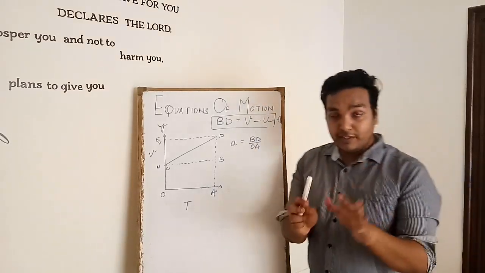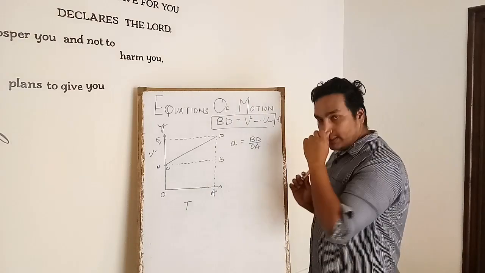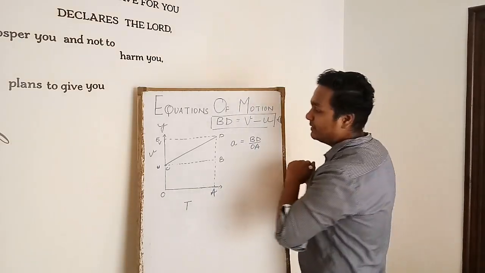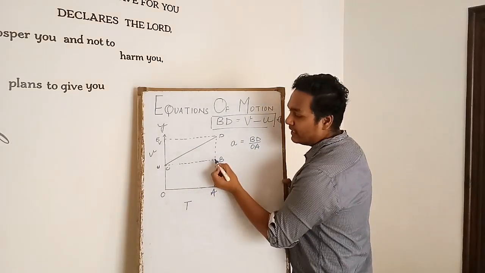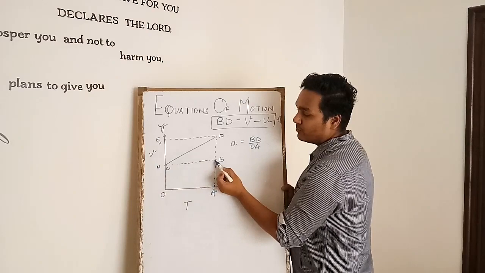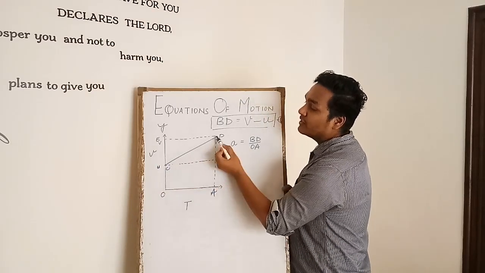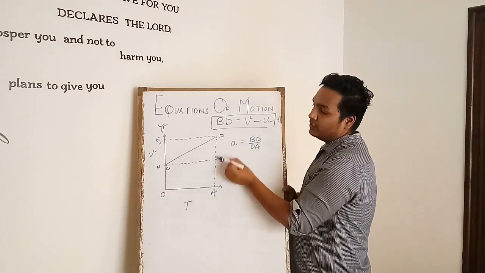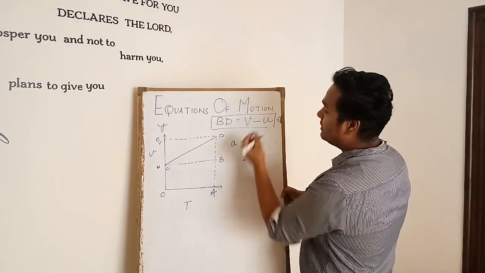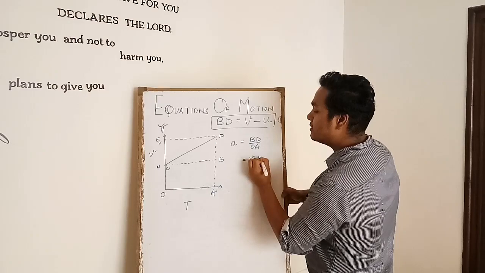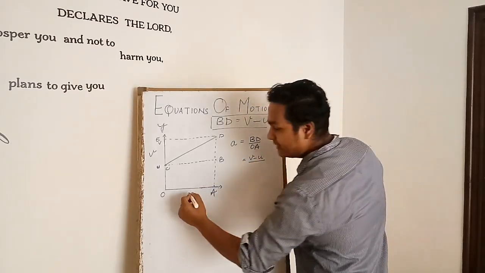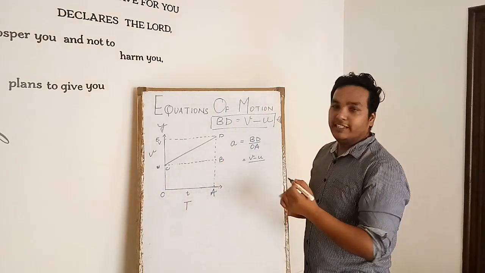I hope you have understood. I'll repeat it once again. Acceleration is change in velocity upon time. So change in velocity is, initially it was here, and then it reached here, initial then final, so BD upon OA. And we have found that BD is equal to v minus u, and OA is time period, we denote it by small t.